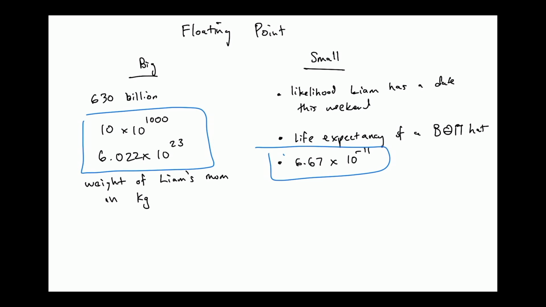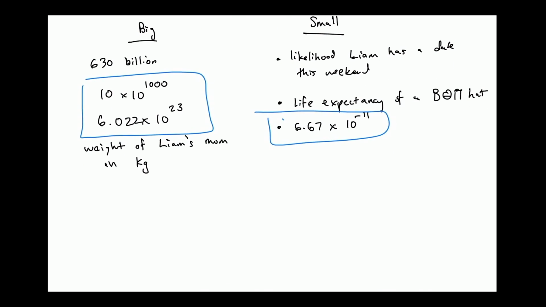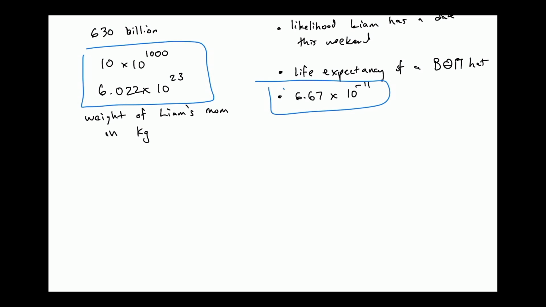What's the key for how we were able to express these really big and really small numbers? Yeah, with exponents. What is it called when we write them this way? Scientific notation. That's going to be the key.